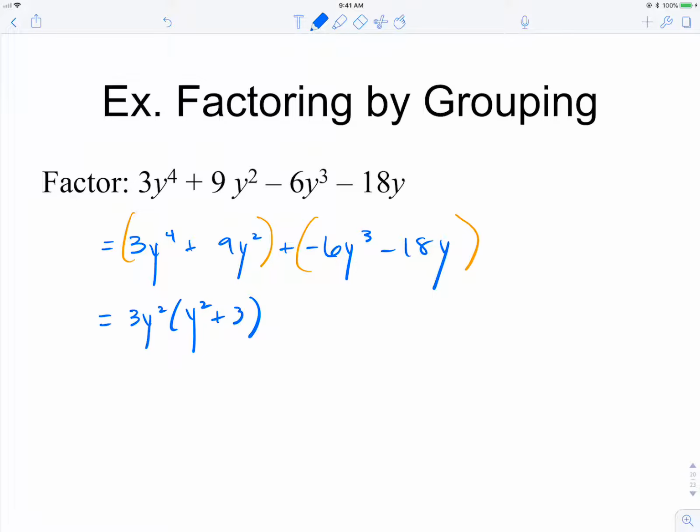And then I'm going to factor out a negative 6 from the second grouping. So I'll have y cubed plus 3. And voila, we have our common binomial factor that we can now factor out.